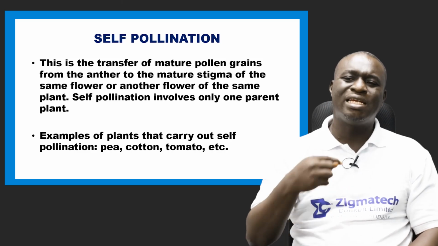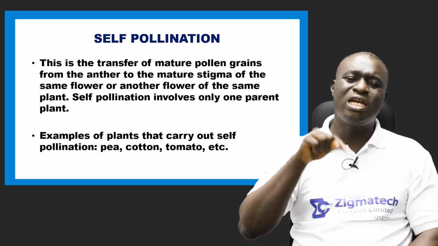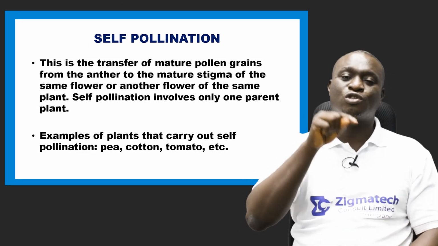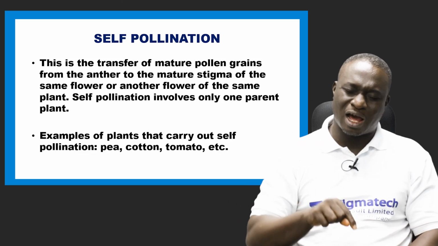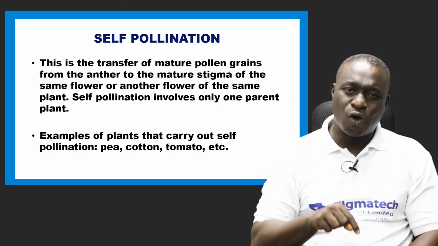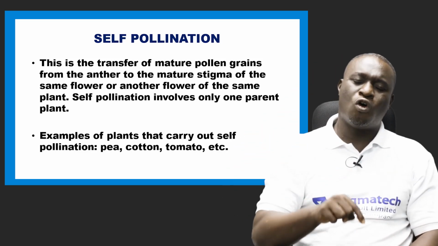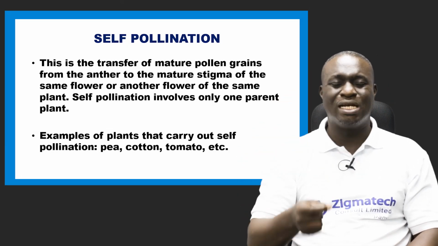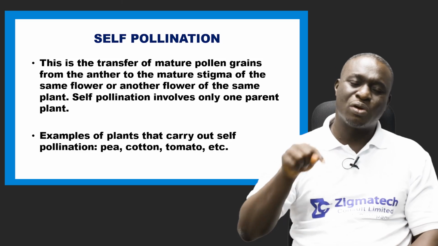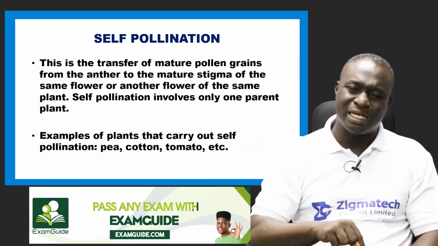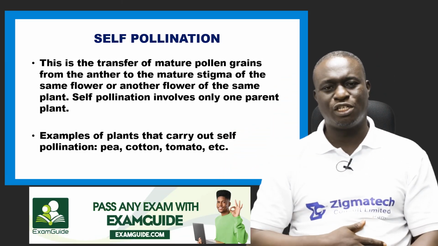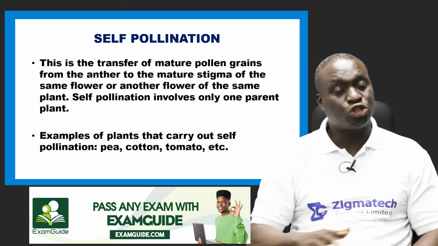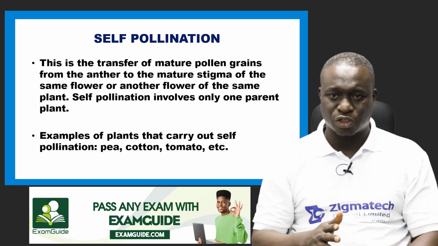So self-pollination involves only one parent plant, or you can say it involves only one parent flower. If this transfer is done in the same plant or in the same flower, we refer to it as self-pollination. Now, there are some plants that undergo self-pollination. Not all plants undergo self-pollination.